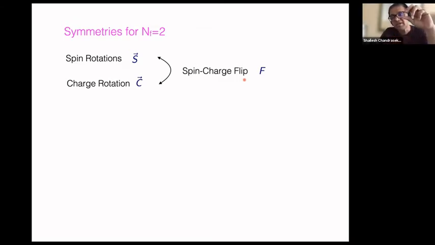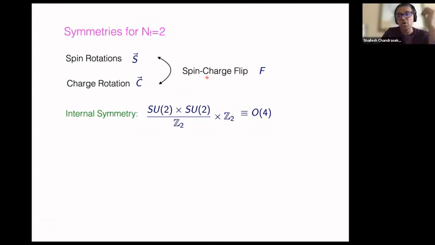So we can always make a particle hole transformation on a single layer, and that then converts a spin to a charge. So there is a spin charge flip symmetry. So the internal symmetry of our theory seems to be O4. I told you that this becomes SO4, and then, of course, there's a spin charge flip, which adds an extra Z2 and makes it O4.